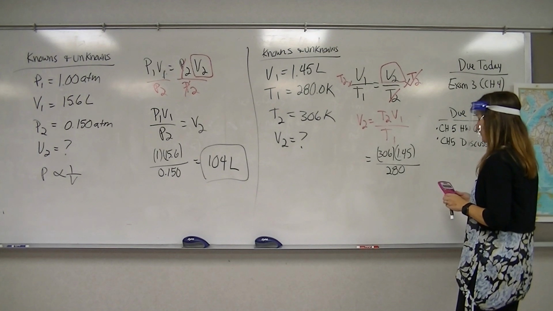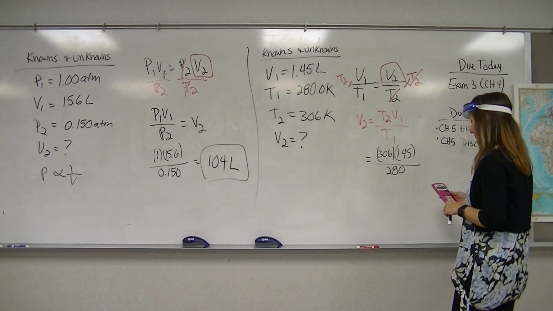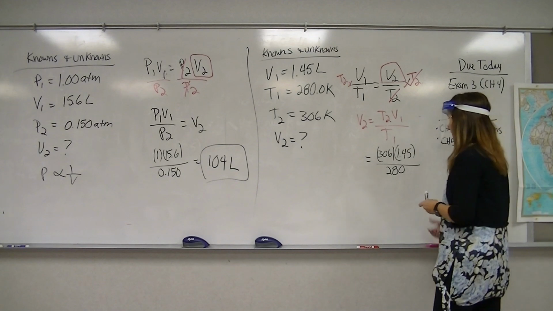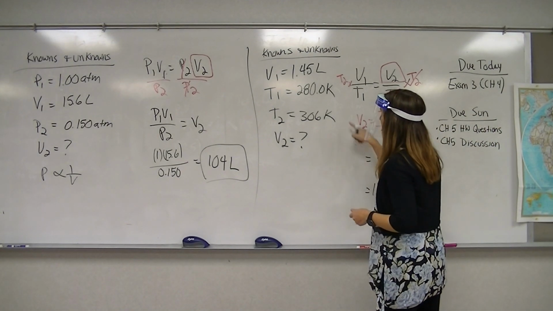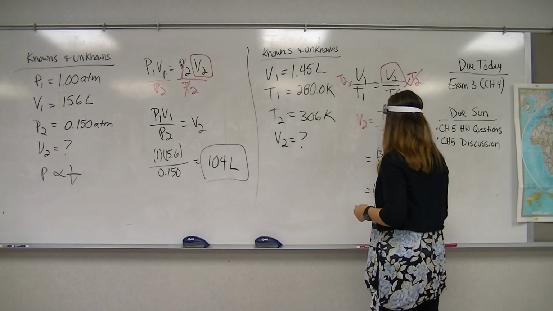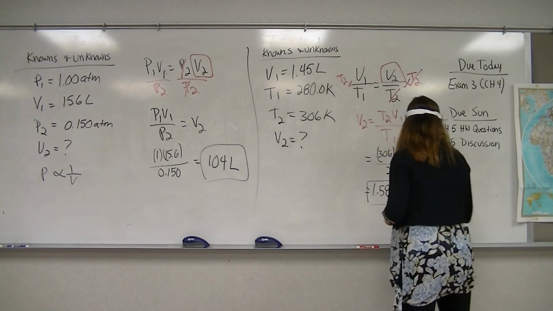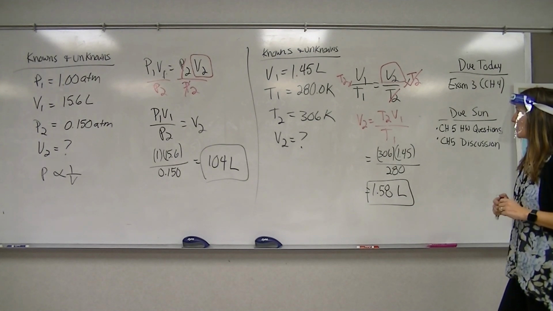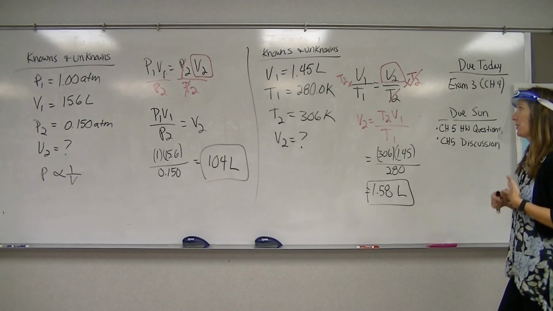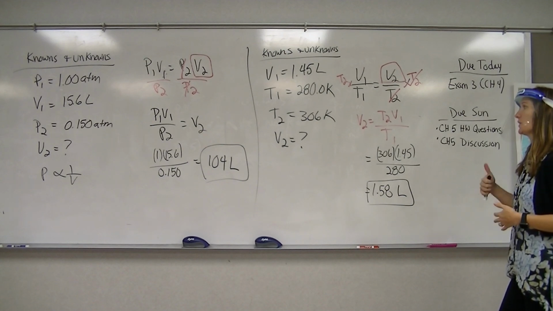Sig figs, we're looking at 3, so I have 1.58. It is a volume, and it's in liters. So 1.58 liters.